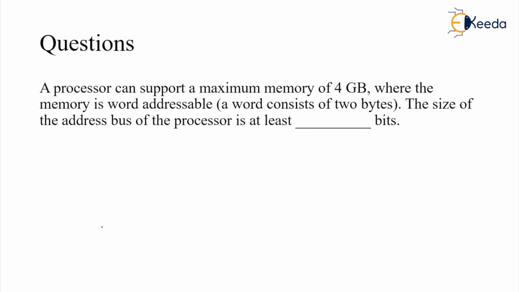This is the next question, and it says that it can support a maximum memory of 4 GB. So the memory size given to you is 4 GB, where G stands for 2 to the power 30 bytes. Memory is word addressable, and the size of the address bus is at least 2 to the power size of address bus, and memory is word addressable with 2 bytes.